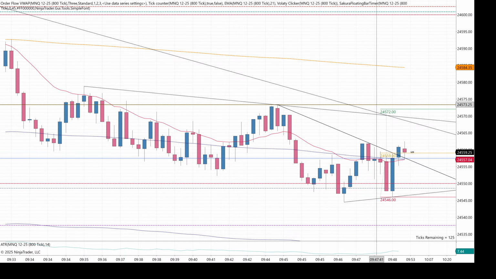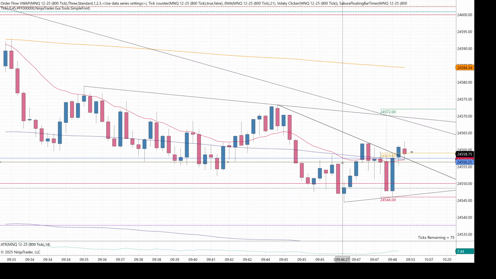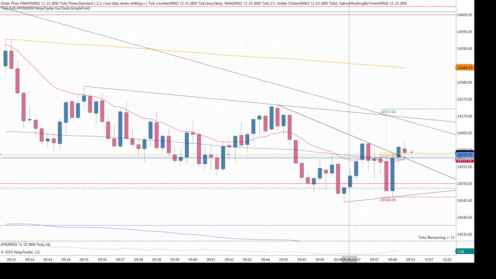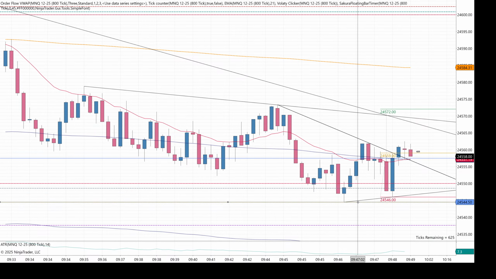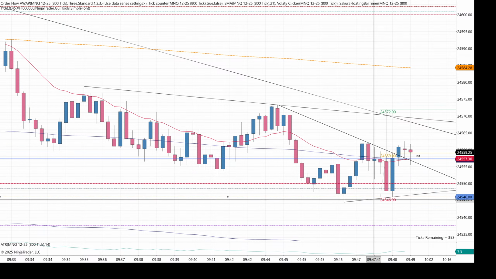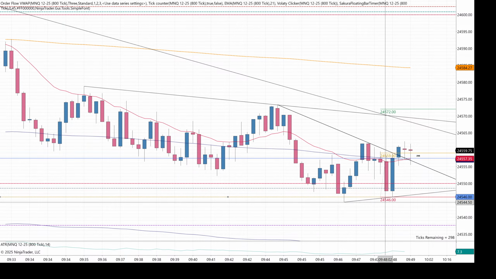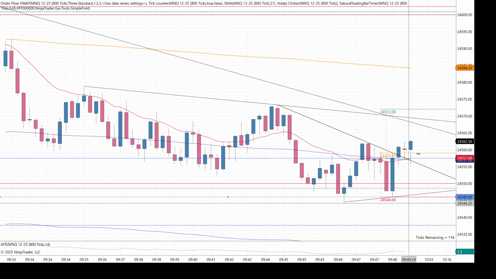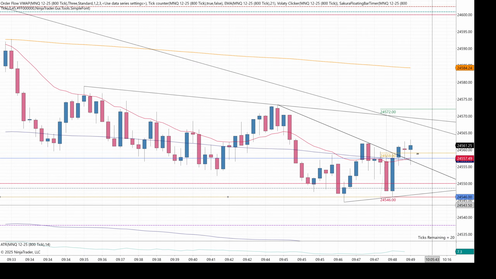I think golden ruler was here. Yeah, and then this closed above it. And then, yep, we move it to here. That stinks. I'm sorry.